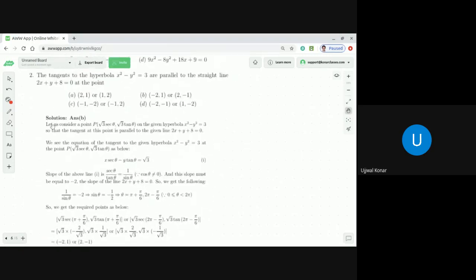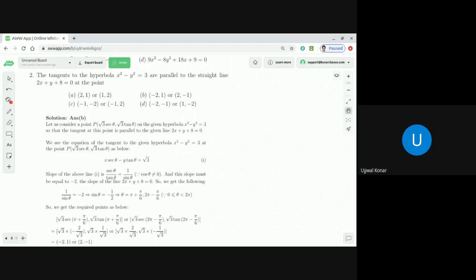The tangents to the hyperbola x square minus y square equal to 3 are parallel to the straight line 2x plus y plus 8 equal to 0 at the point what? So let us consider a parametric point. We discussed the advantage of the parametric point in our earlier classes.